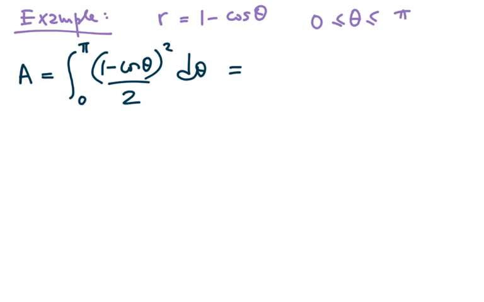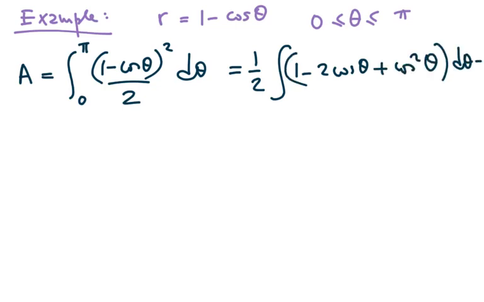And so once we set up the integral, the remaining is just to integrate. We have done this integral before. In this case, we can take the one half out of the integral. We expand this square. We integrate each one. We have done it before.